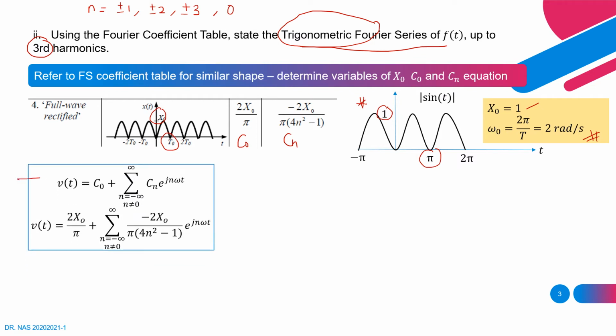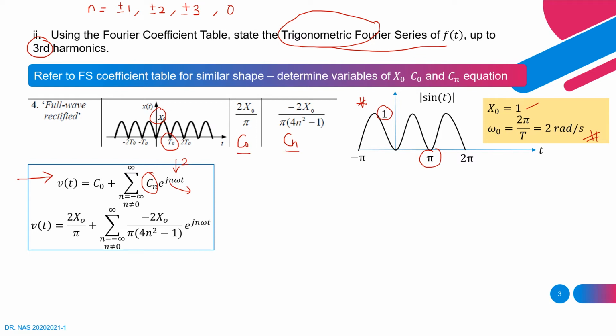Next, remember the basic equation of exponential Fourier series. It is C0 plus the summation of Cn, the coefficients, e to the j n omega t. In this case, your omega equals 2 radian per second, and n varies from 1 to 3. Then you need to look at your C0 and Cn equation.